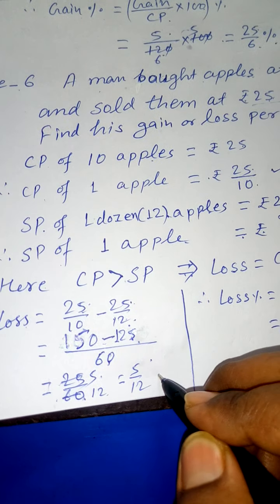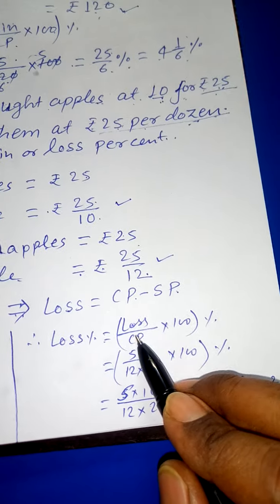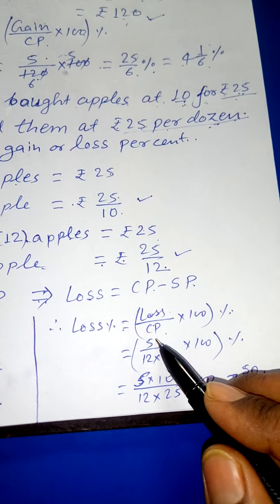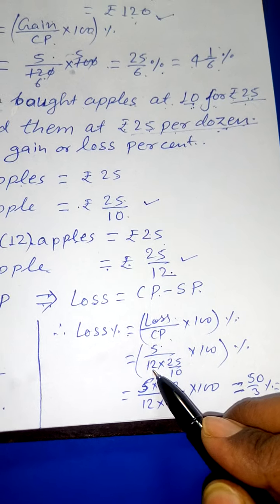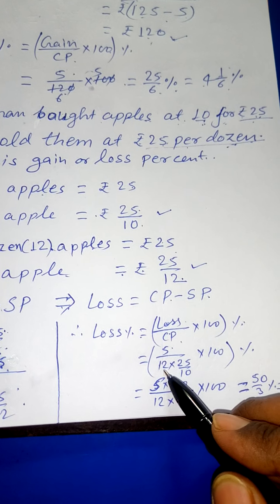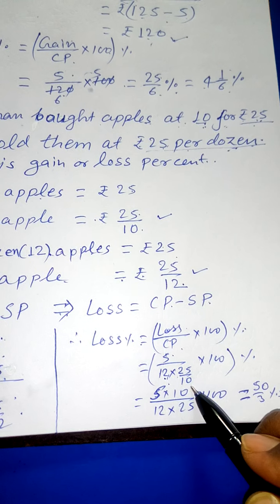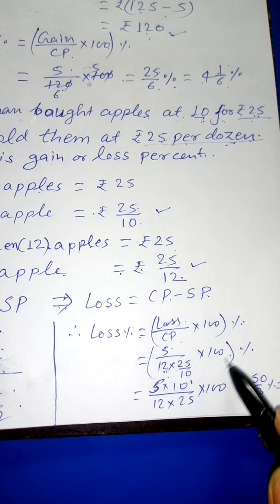Now the loss percent equals loss by CP into 100. Loss is 5 by 12, CP is 25 by 10, into 100.